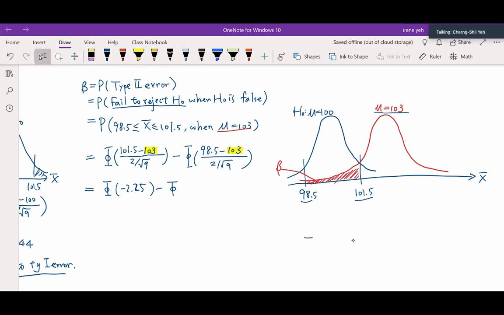This notation is specific to the cumulative probability of a standard normal distribution.